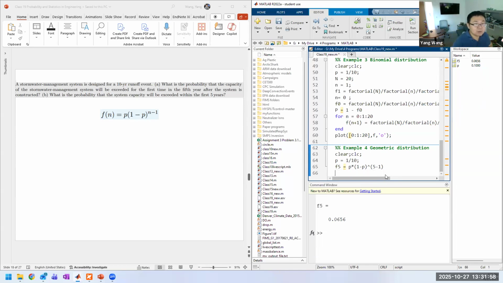And then what is the probability that the system capacity will be exceeded within the first 5 years? You have to consider the scenarios of failing in the 1st year, 2nd year, 3rd year, 4th year, and 5th year.